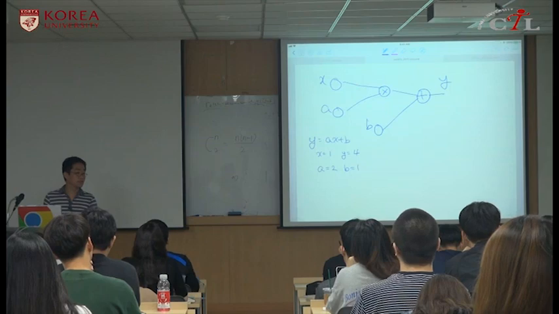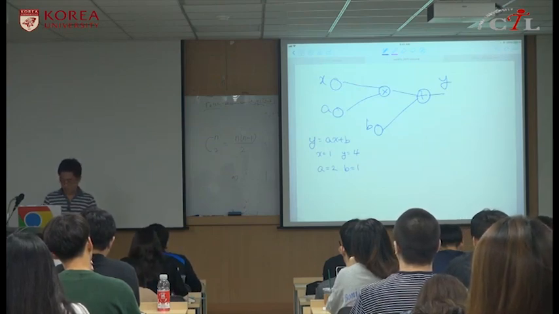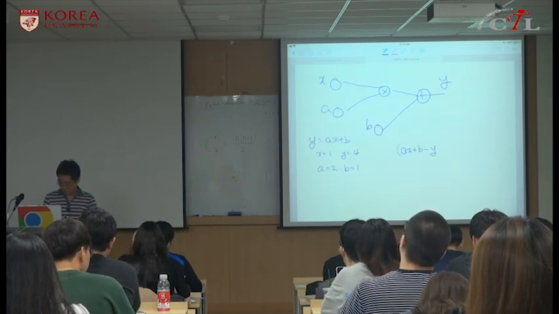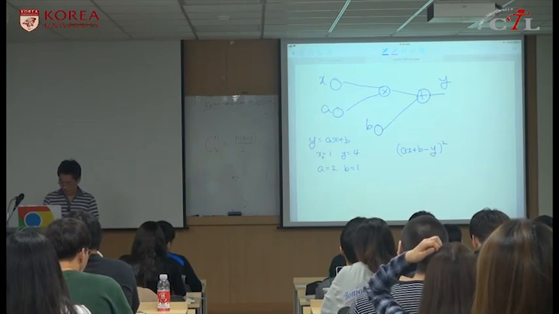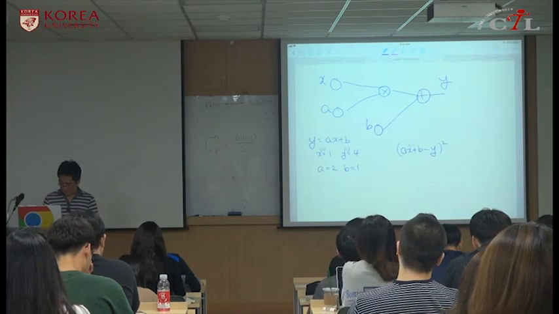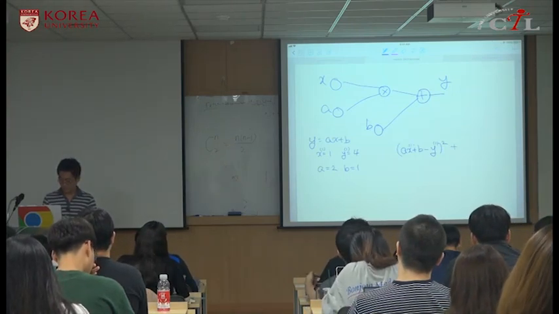And so what is our objective function? Using least square or L2 loss in the linear regression case, our loss function will be this, right? We have just one single data item.